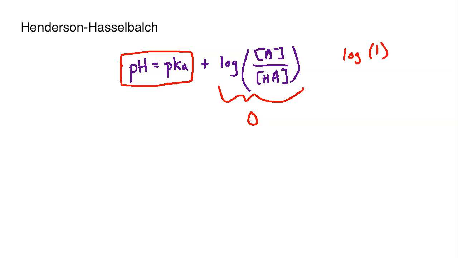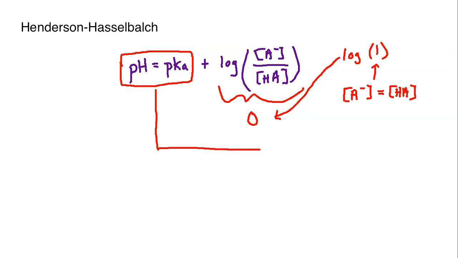And in order for it to be the log of 1, we have to have A minus and HA at the same value. So when your conjugate base is equal to the concentration of your acid, your weak acid, at that point you get a log of 1, and when you have a log of 1, that equals 0, and when you have 0, the pH is equal to the pKa. So, the pH is equal to pKa when you have equal concentrations of a weak acid and its conjugate in solution.